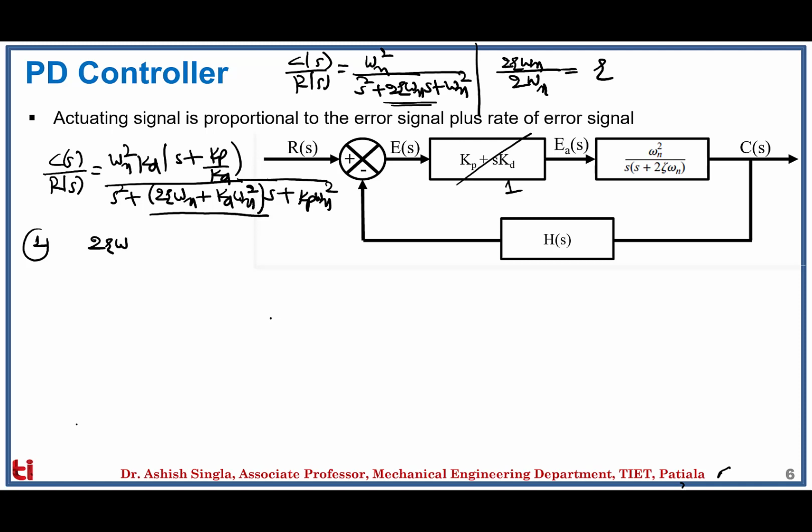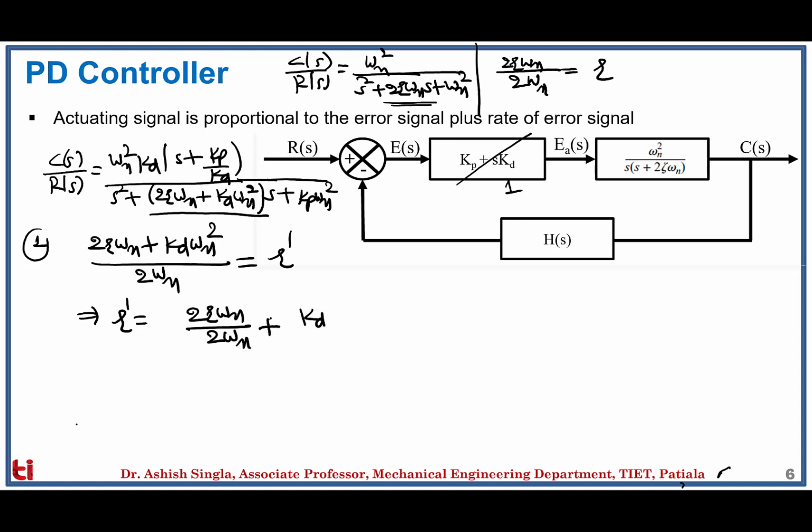So 2 zeta omega n plus Kd omega n square divided by 2 omega n should give us the new damping value as zeta dash. Which gives us that zeta dash is equal to 2 zeta omega n divided by 2 omega n plus Kd omega n square divided by 2 omega n. So this will cancel out, so zeta plus Kd omega n divided by 2.